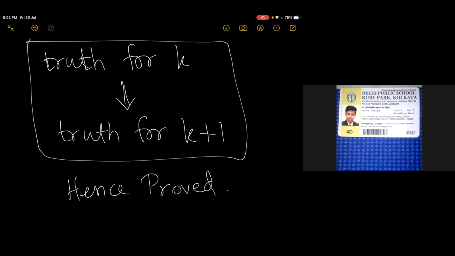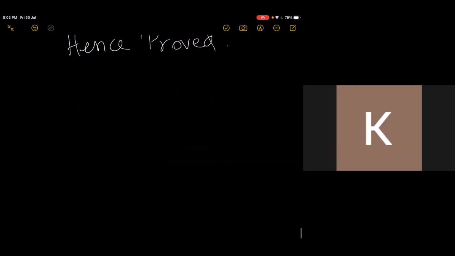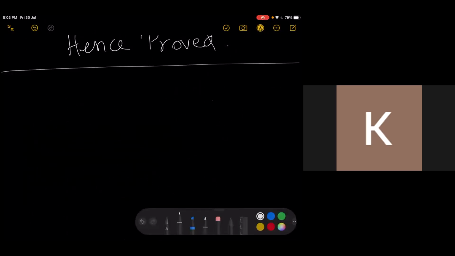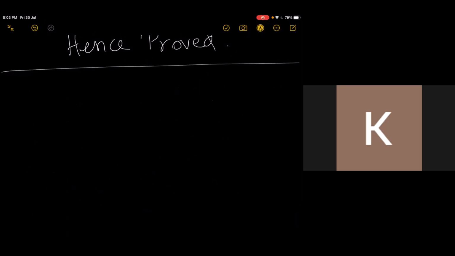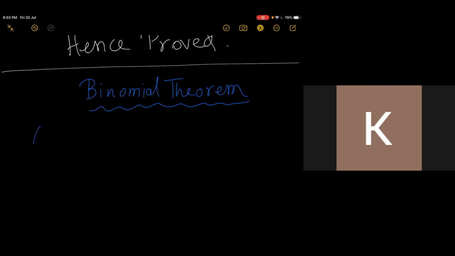Okay, so now we will do a very important theorem using induction, which is a very important tool. First let me introduce some notations.